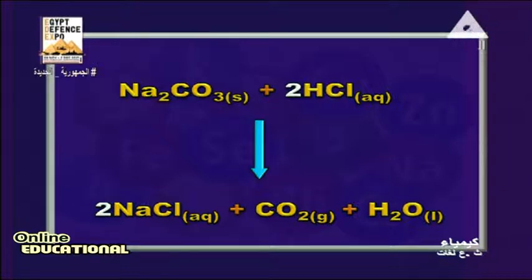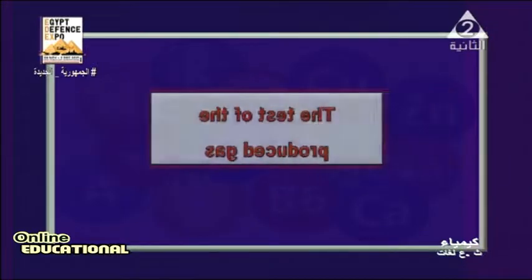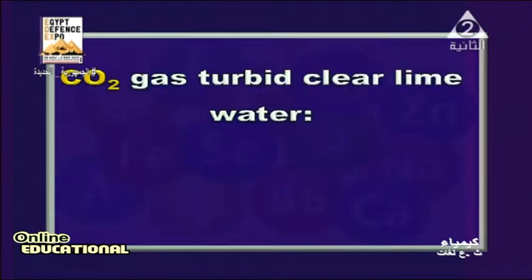Here, for the detection of carbon dioxide gas, or the test for the produced gas, we found that carbon dioxide gas turns the clear lime water turbid, as we saw in the experiment animation from the test of the carbonate anion.